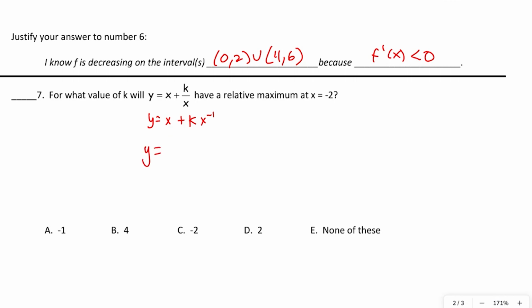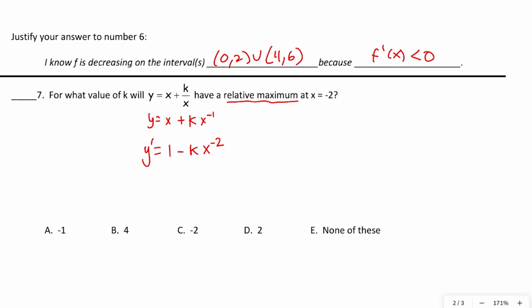So I've got y prime is 1, and then it would be plus negative 1 times k, so minus k x to the negative 2. All right, so we will have a relative maximum if the slope goes from being positive to negative.